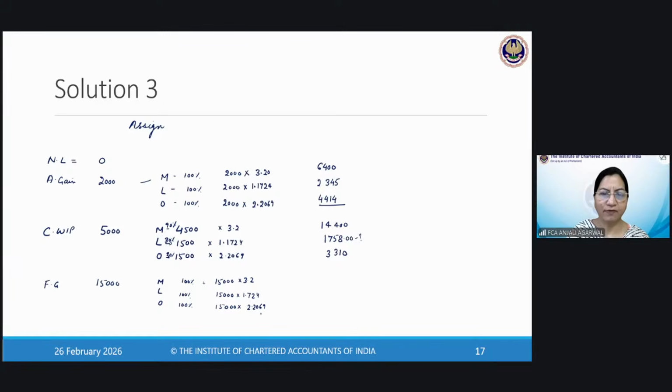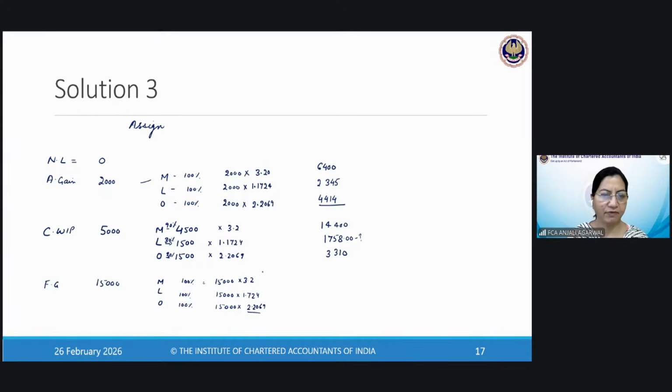So I can take 15,000 common and straight away add 3.2 plus 1.1724 plus 2.2069 multiplied by, so the total cost comes out to be 7.1309.